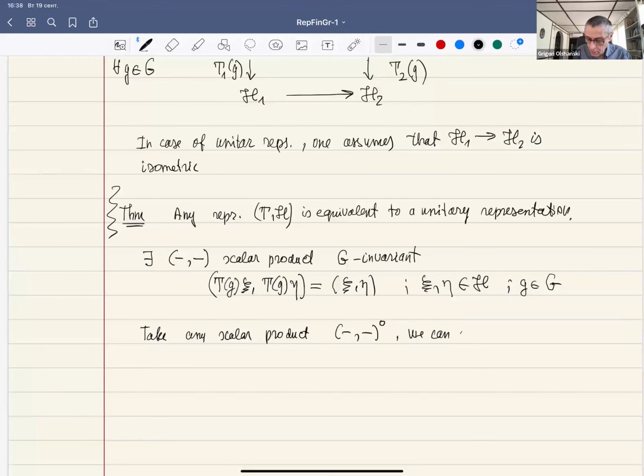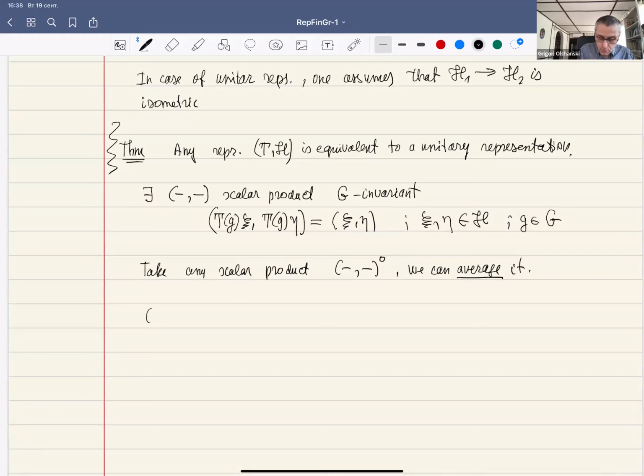Which means the following. The new product is defined as follows. Take the transformation of the initial scalar product and take the sum over all elements of our group.